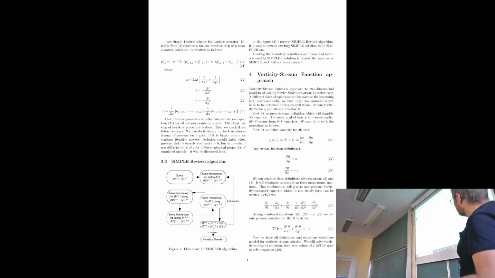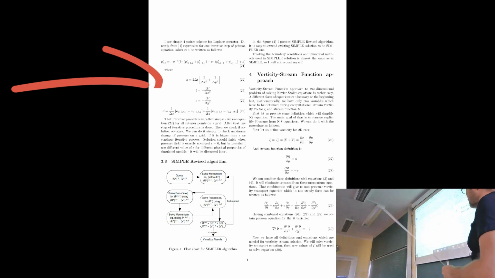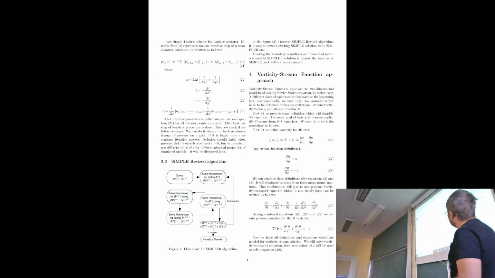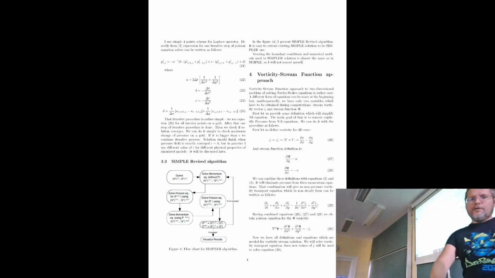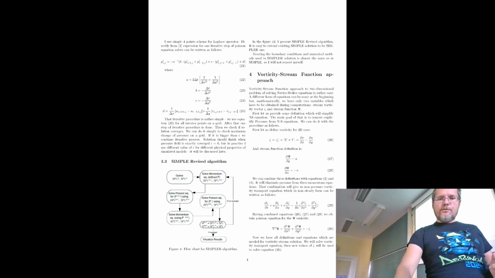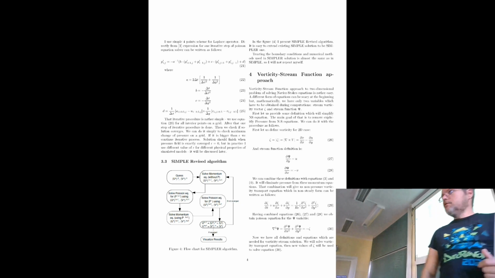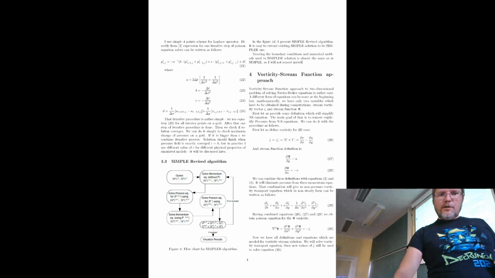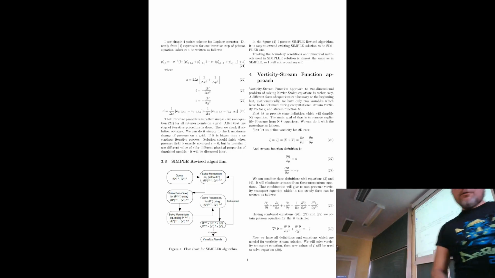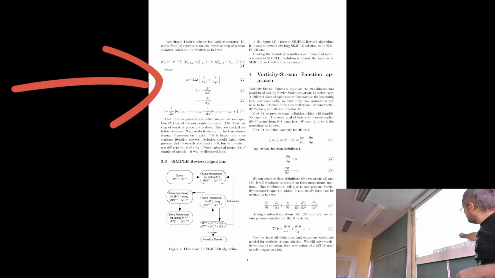For the Poisson equation, you need to make an iterative procedure. We basically have to use the 4-point scheme for the Laplace operator. The Laplace operator in the equation that we solve is this one. So we first have to discretize this on the left-hand side, and this discretization is given here. We use the 4-point discretization for the Laplace operator, which is there.